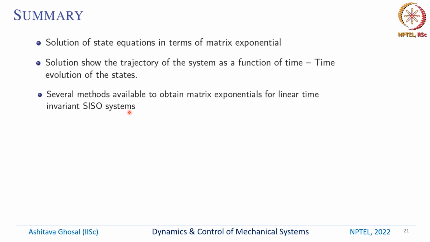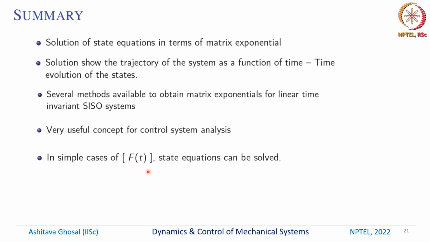I have shown you 4. I have indicated a link to a very well known paper where there are many other methods. This is a very useful concept for control system analysis. It is a formal way of looking at what is happening to my system as time progresses. Given states, given f, given g, what is happening to x of t? It will tell you how the system is evolving in time.